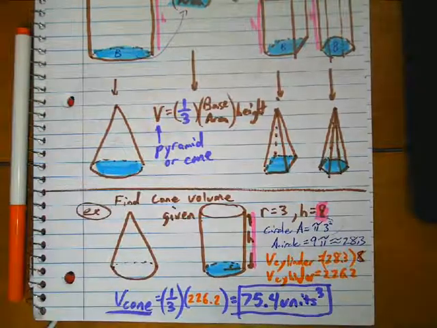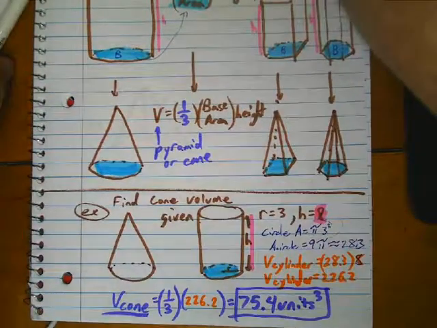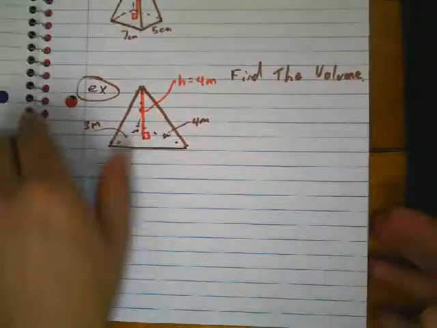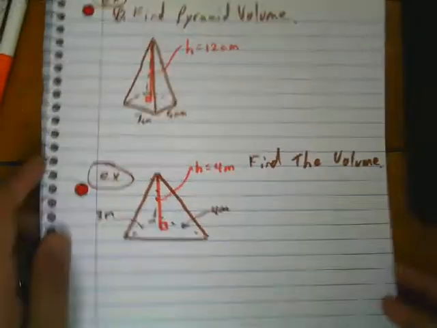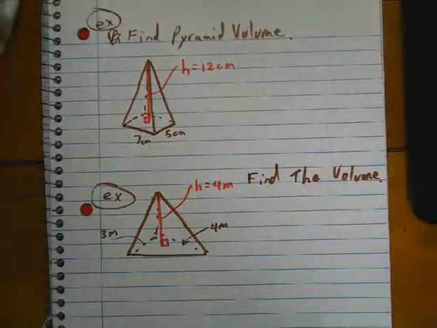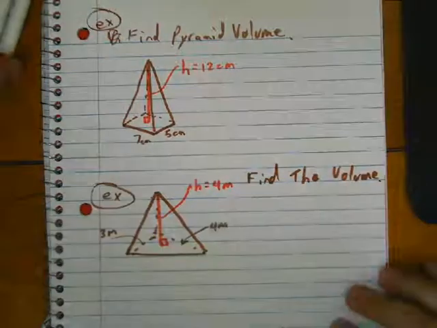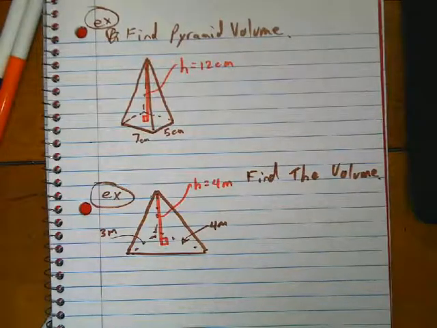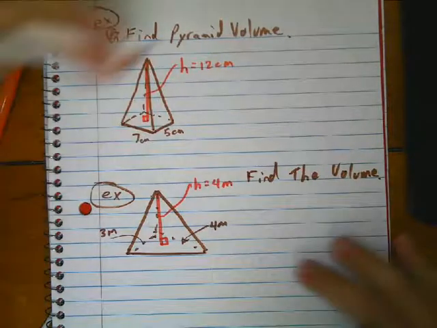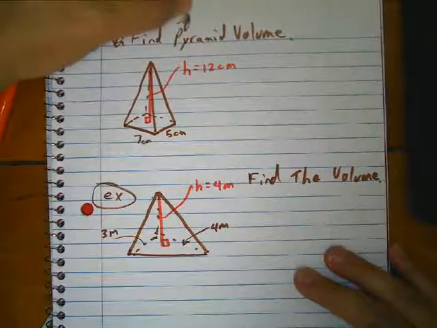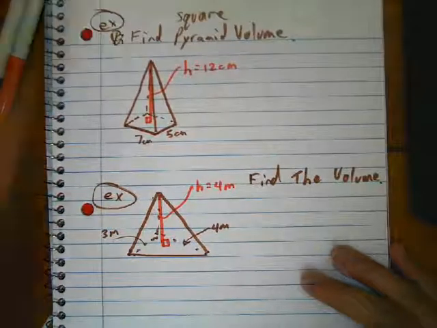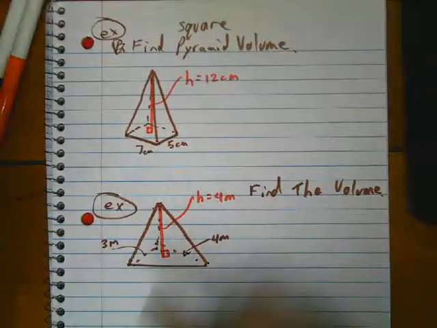All right, let's do a couple more examples. We've got a square pyramid. This is a square pyramid, so that means the bottom is square.